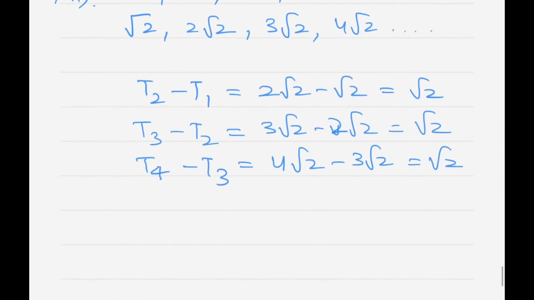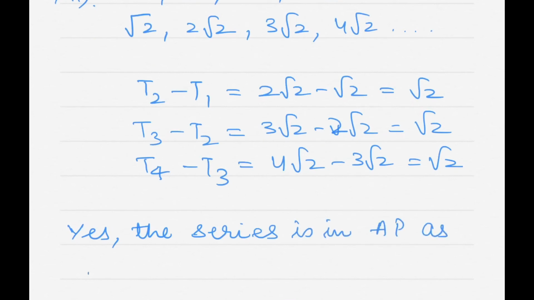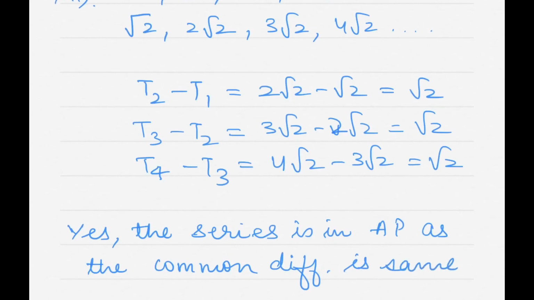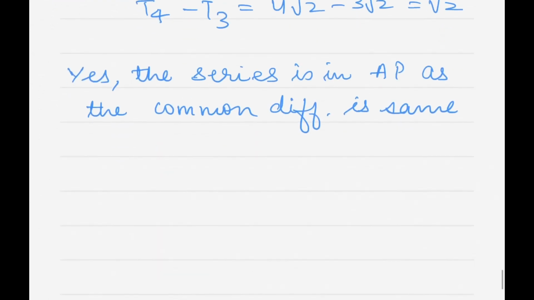So we see the common difference is the same, so we can say yes, the series is in AP, as the common difference is the same, and D is equal to root 2.